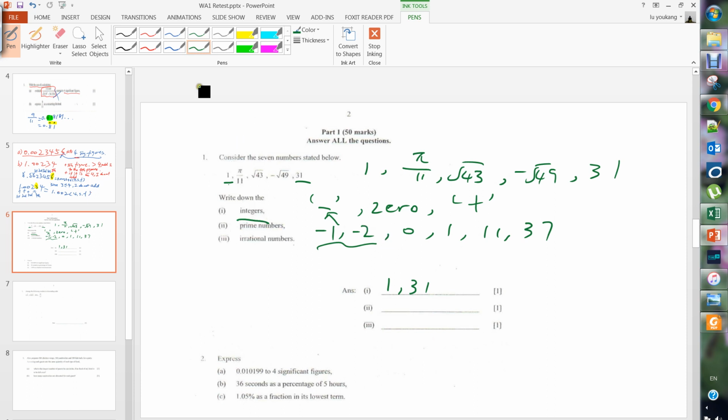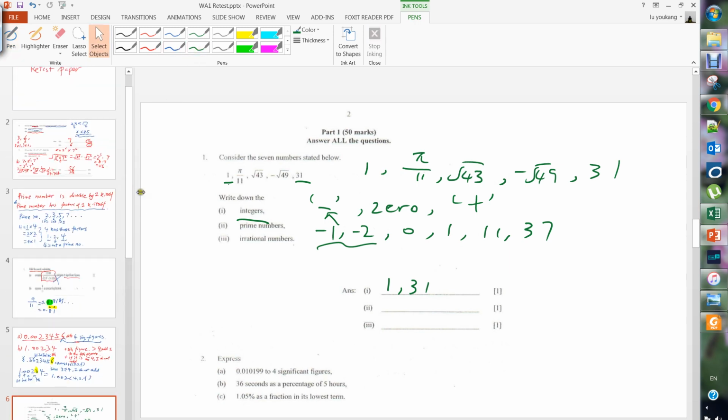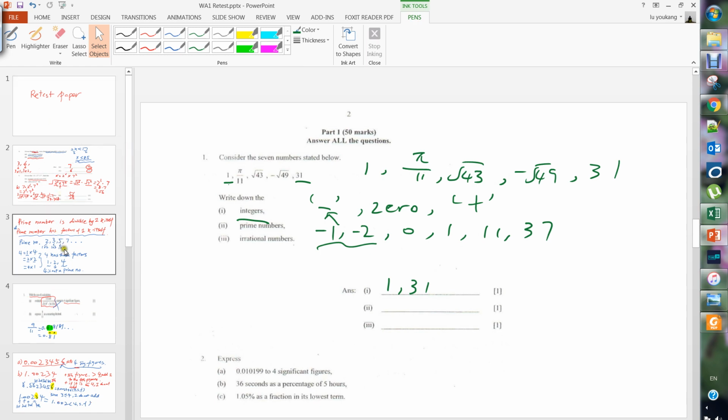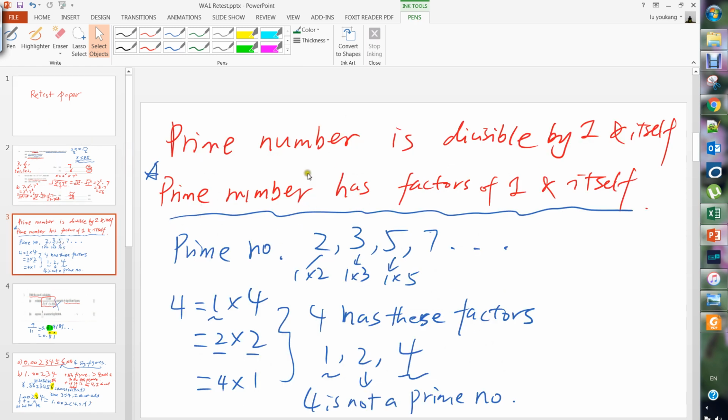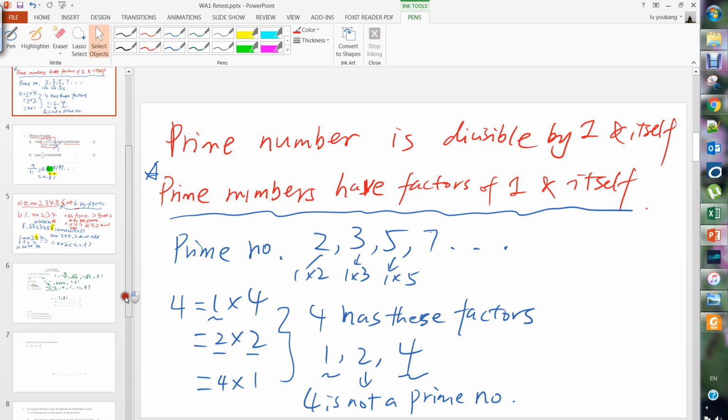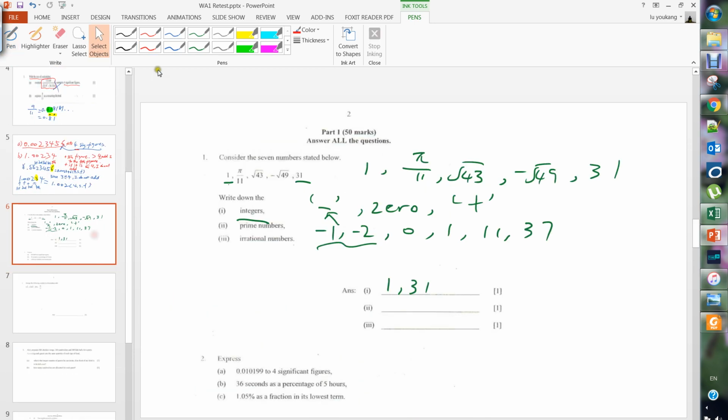Next, prime numbers. Once again, let's go back to the definition of prime numbers. Prime numbers have factors of 1 and itself. Remember the first prime number starts from 2, and 3, and so on.